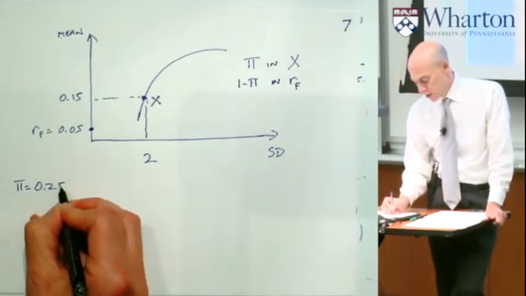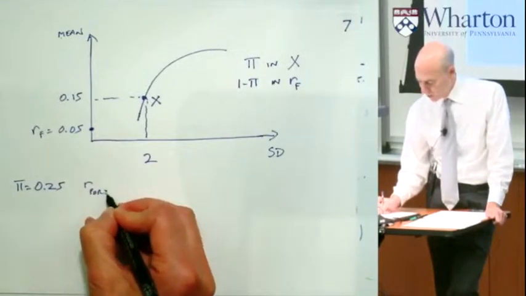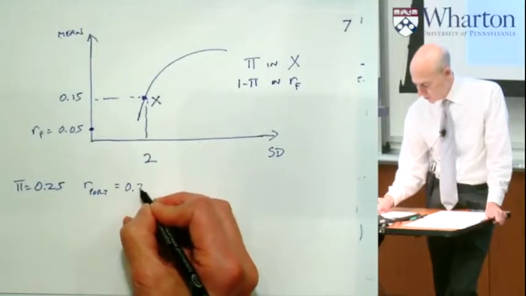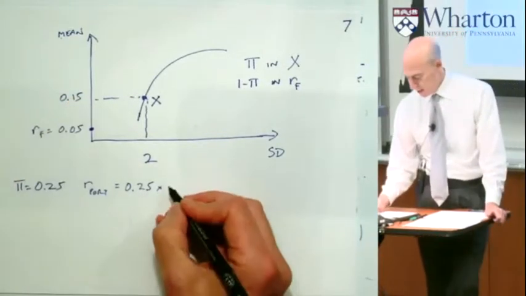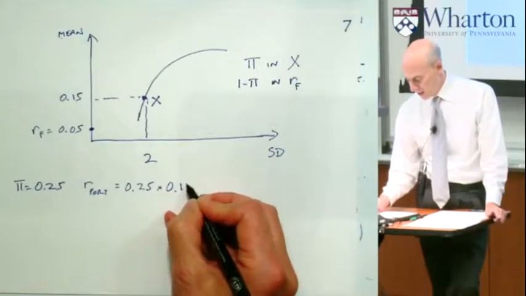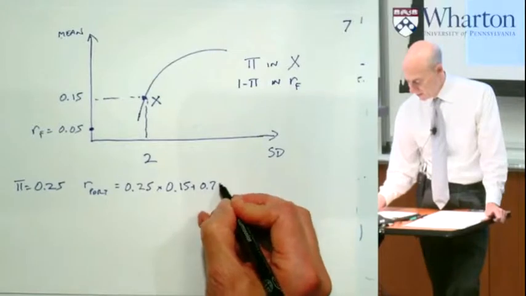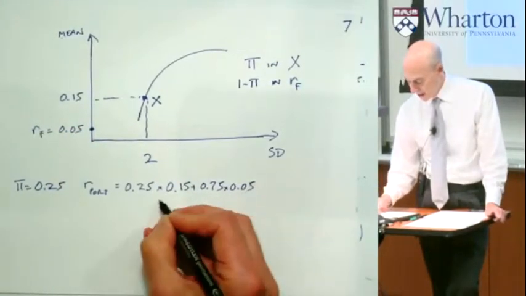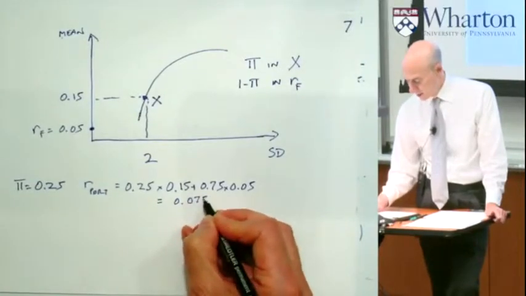At pi equals a quarter, the expected return on the portfolio is going to be 0.25. We know means add, so we're going to multiply by 0.15. And then we've got 0.75 in the risk-free, so it's times 0.05. If you work that out, it's 0.075.